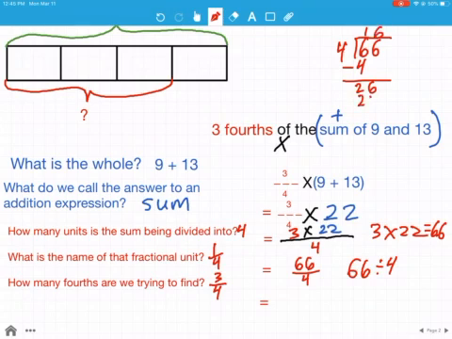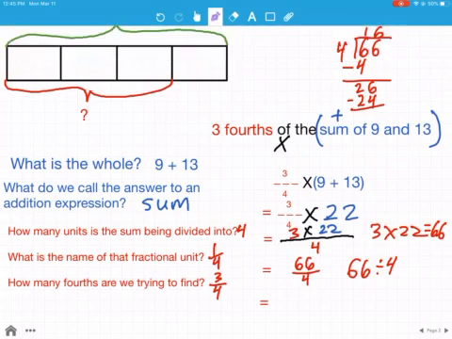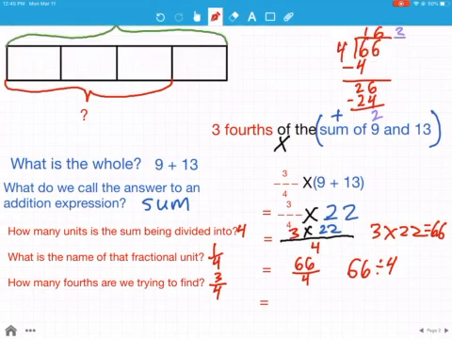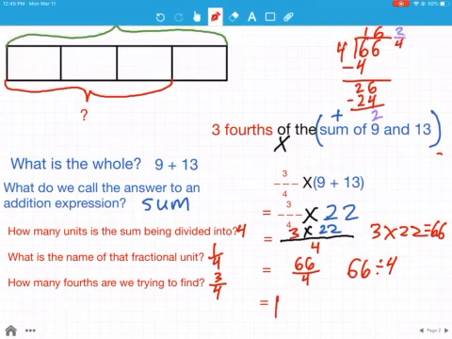And that's 6. 6 times 4 is 24. So now we have a remainder of 2. So we have 2/4. Okay, so our answer is 16 2/4.